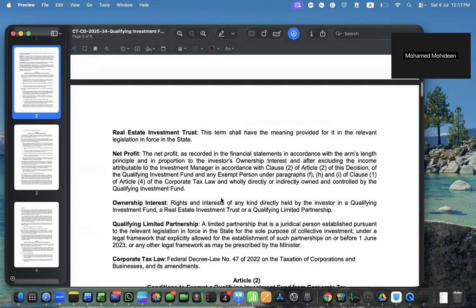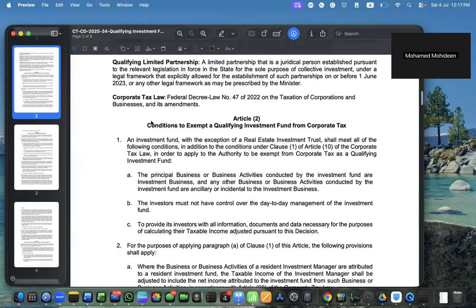And let us see these conditions to exempt a qualifying investment fund from corporate tax. Because the initial point for the nexus was set that nexus is only for the real estate, right? For the buildings, correct?